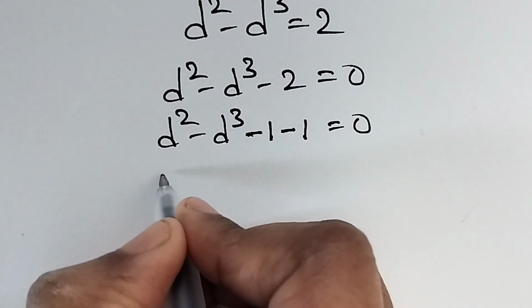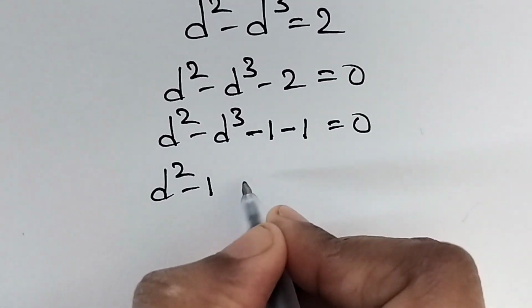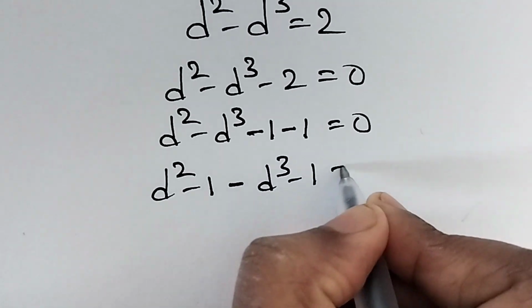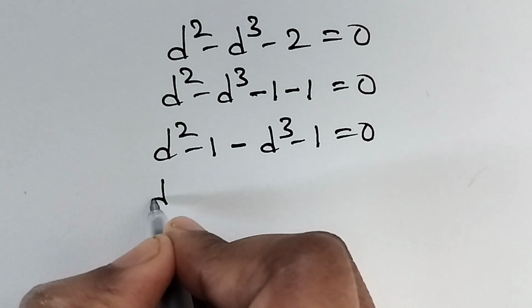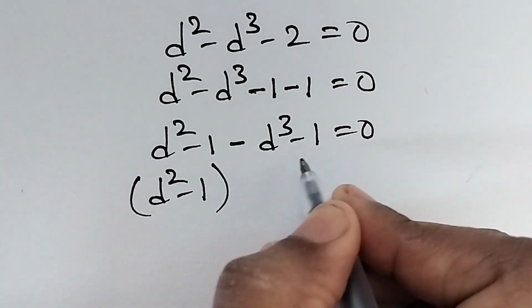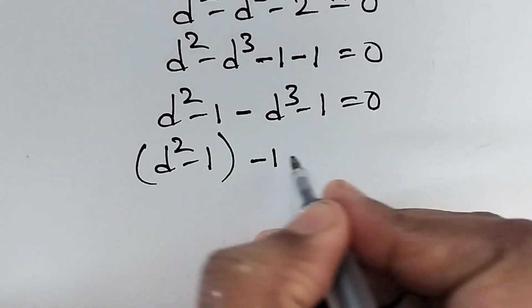So now d square minus 1, and d cube minus 1 is equal to 0. From these two terms we can take out minus 1 as a common factor.